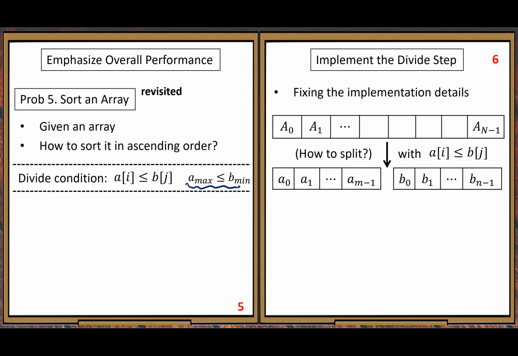After the split, we want to have this property A of I less than or equal to B of J. The question is, how can we get this inequality? Because it looks pretty hard, right? And we don't want to do too many comparisons.